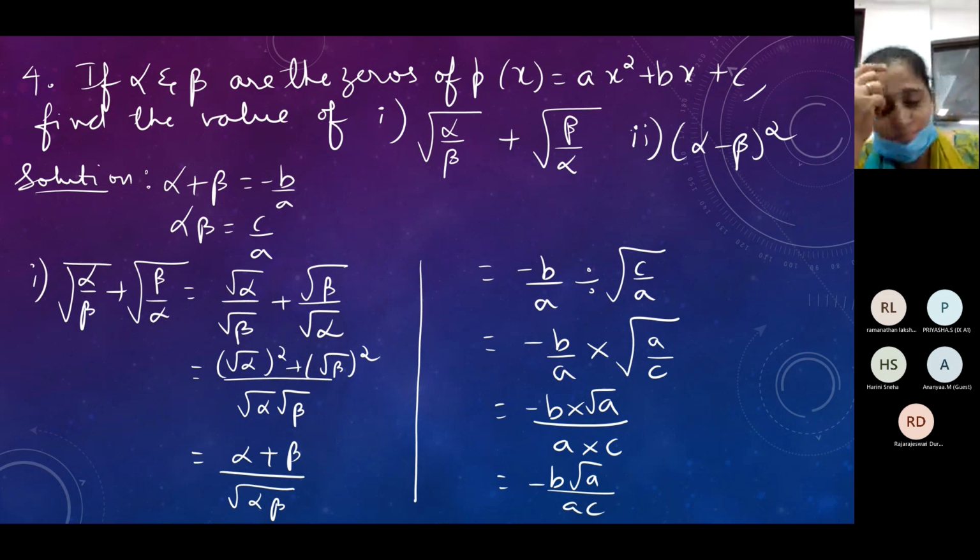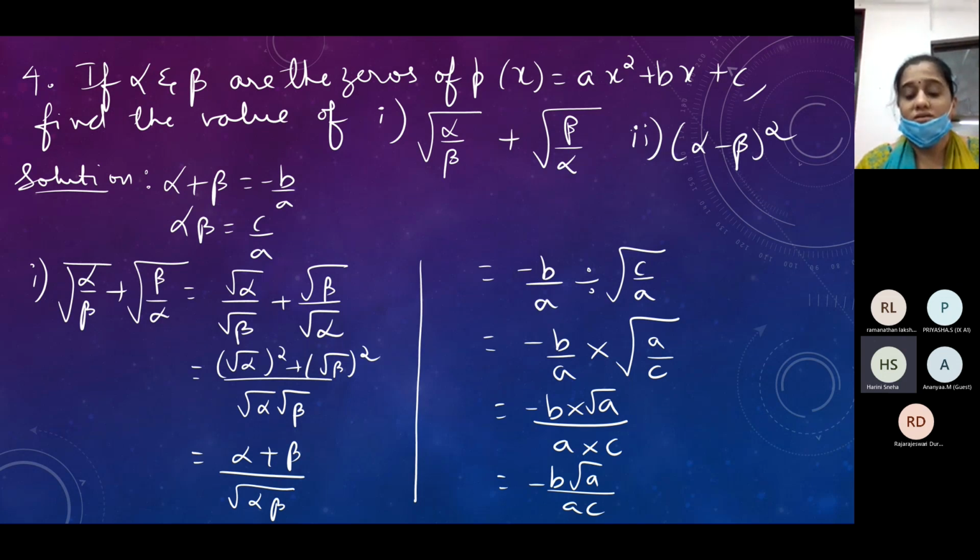No, in the denominator we're trying to have a rational value. So we're not cancelling root a and a.